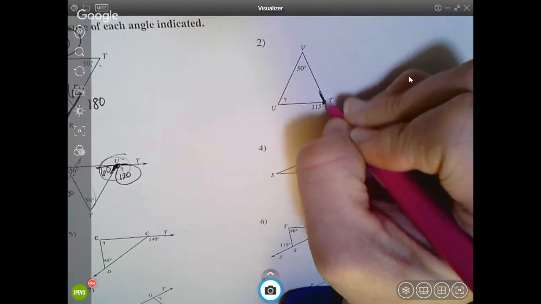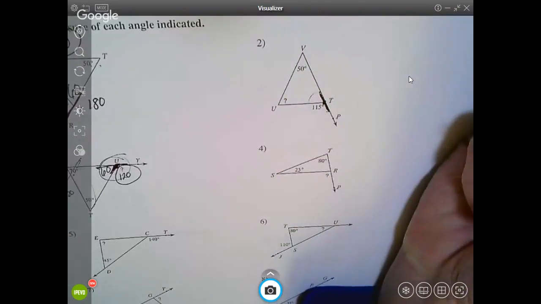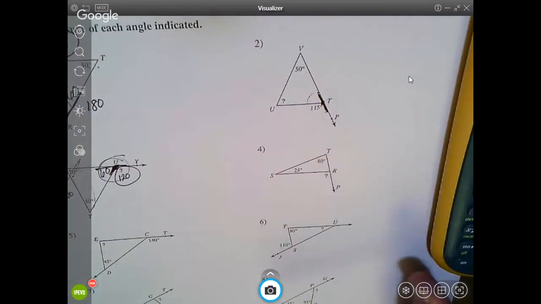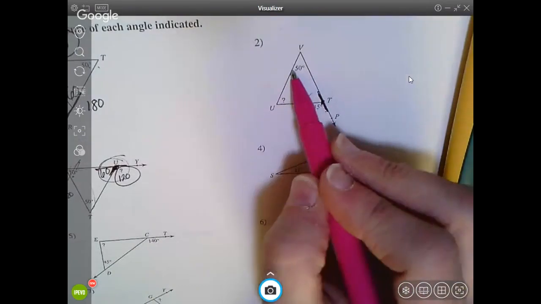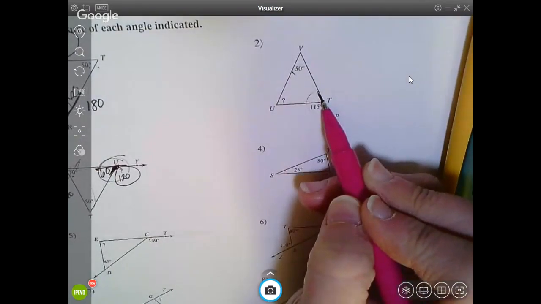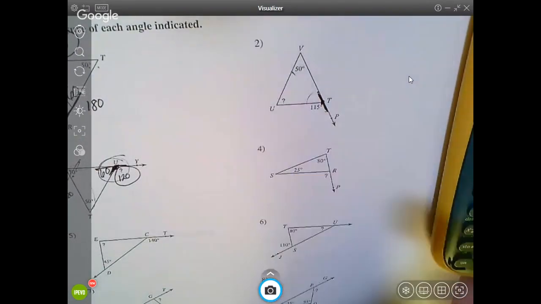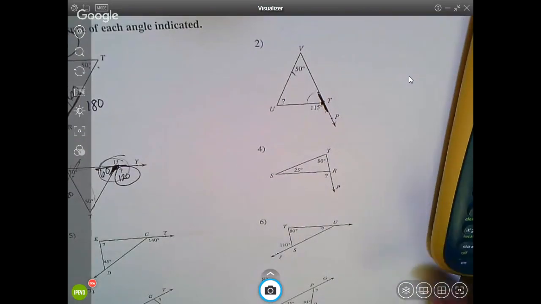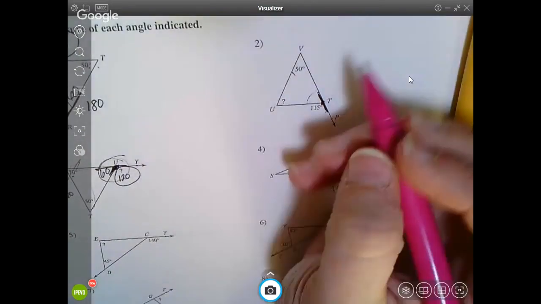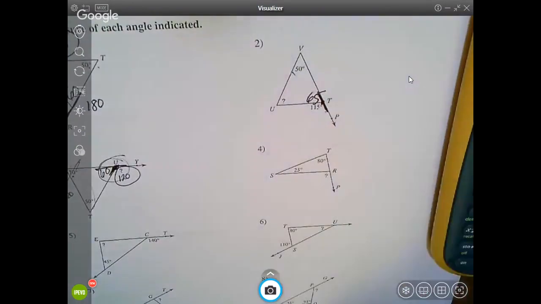So anything that's in here has to be 180. So if we continue this straight line, like this 50 degrees is not touching this point, so we don't count it. So here we have 180 minus 115. That gives this is 65. And then we can do 180 minus the 50 minus the 65.